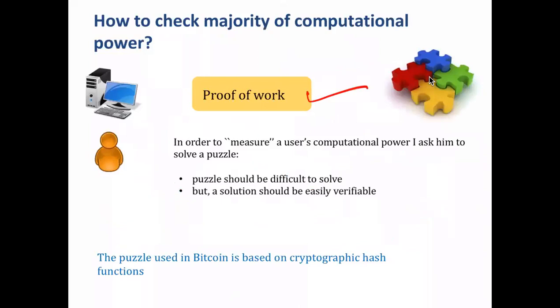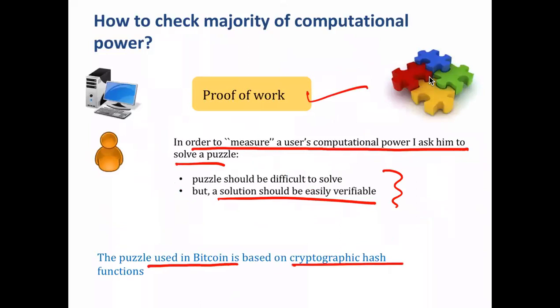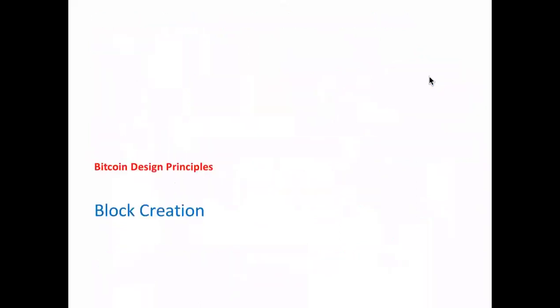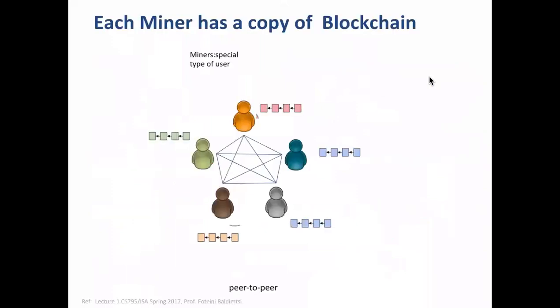In order to measure a user's computational power, I ask them to solve a puzzle, which should be difficult to solve, but the solution should be easily verifiable. Puzzles in Bitcoin are based on a cryptographic hash function. Of course, we'll come to proof of work later, but we'll see in brief how block creation happens.